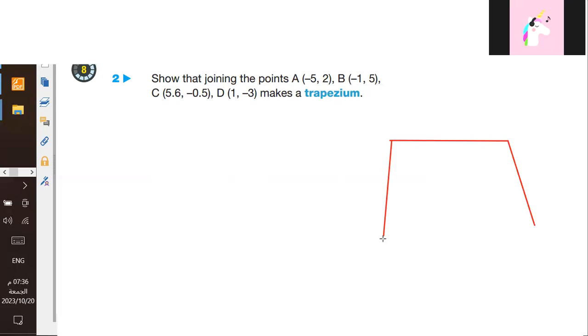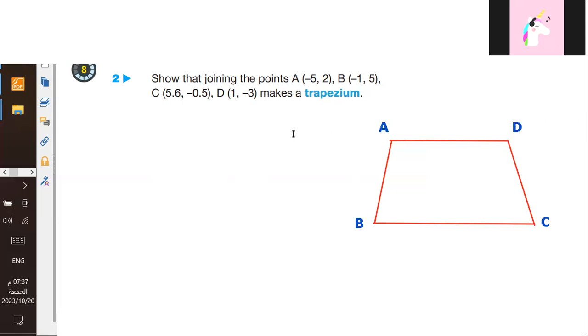Now, let's say that these points are A, B, C, D, like this.